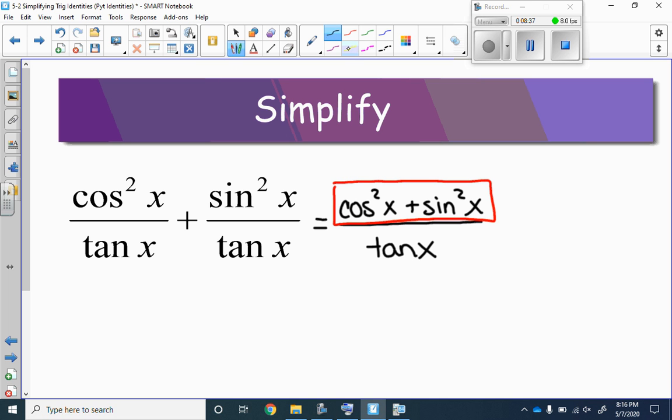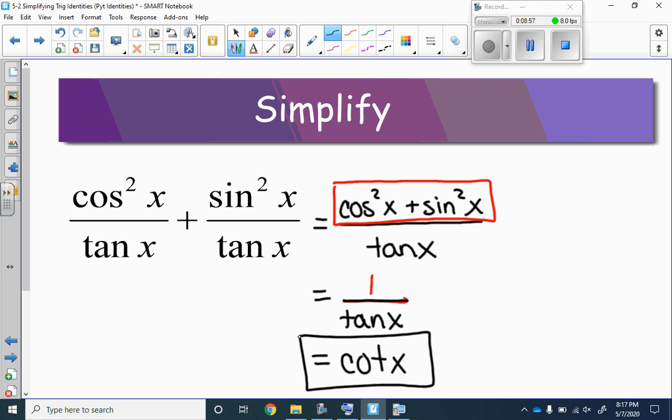Cosine squared plus sine squared is always going to give us 1. And so now I'm going to have 1 divided by tangent x, and now we can use our reciprocal identity, and so we are left with the cotangent of x as far as what that simplifies to.